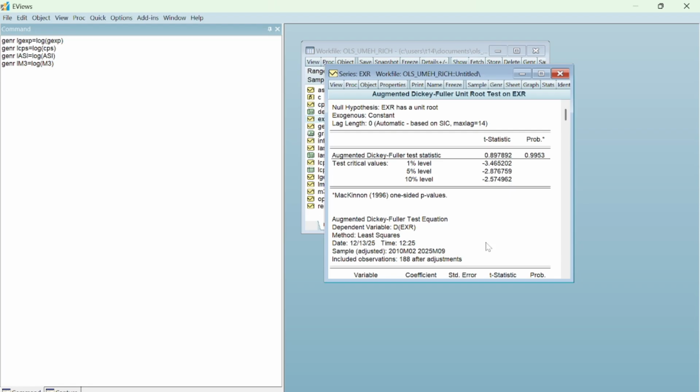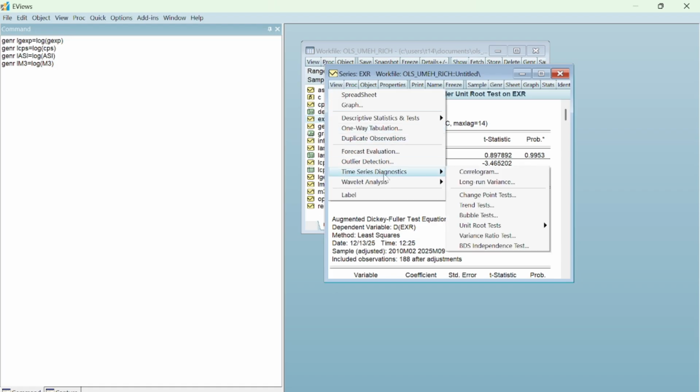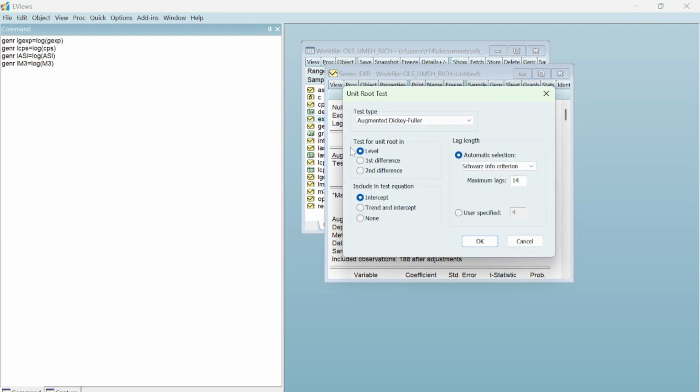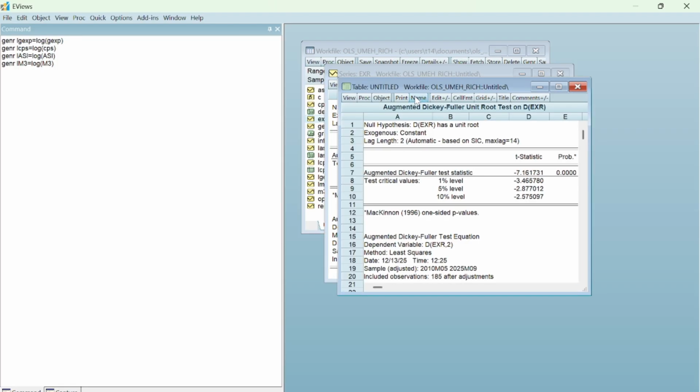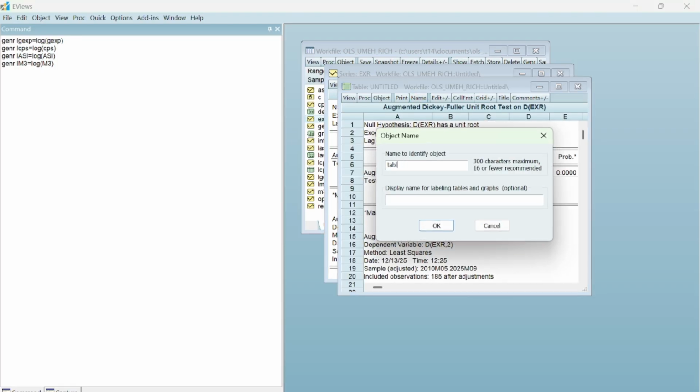So when you look at it, you see that the unit root test is not significant at level. So since it's not significant at level, you check for it at first difference, as we did for the other ones. And when you look at it, you see that it is significant at first difference, then you freeze and you name it and you say ESR I1.